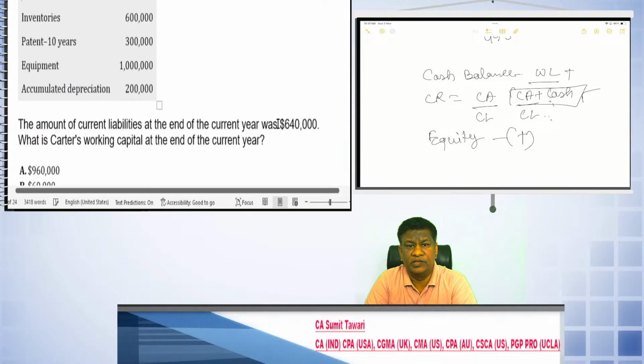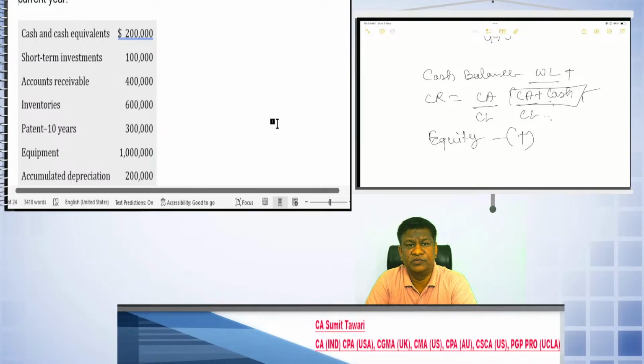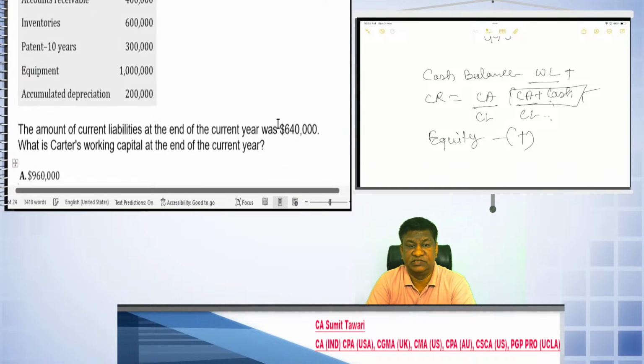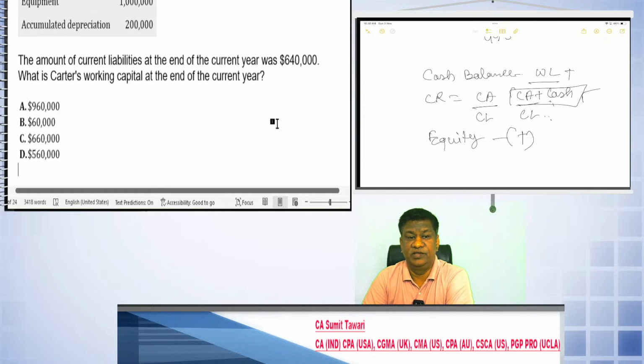Yes, sir. Okay, 6 lakh 40,000, and then you need to consider 2, 3, 7, 13. 13 minus 640. Yeah, 6 lakh 60,000. Correct. Right? C is the right answer.